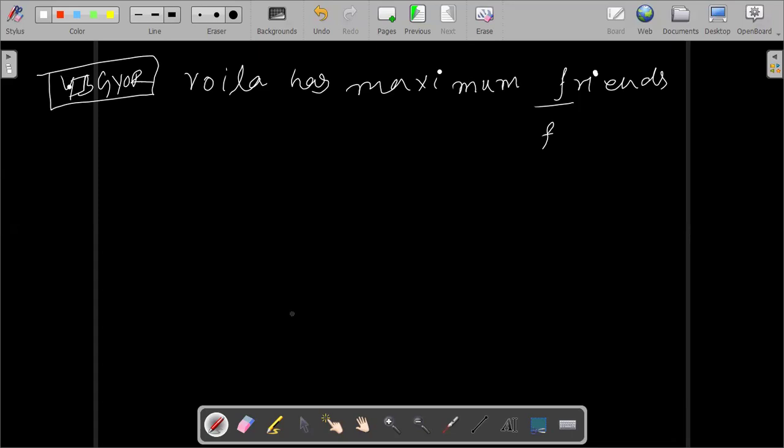And which color will have the maximum speed in air? Sir, red. Okay. Dhriti, which one will have the maximum speed in air? Red. Okay.